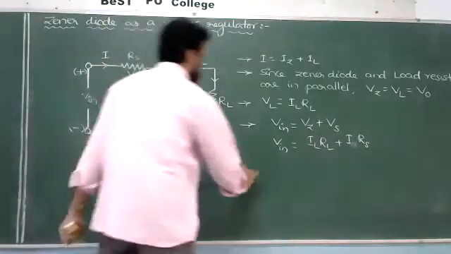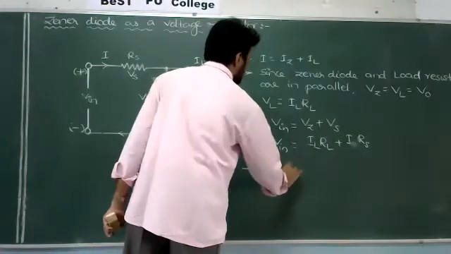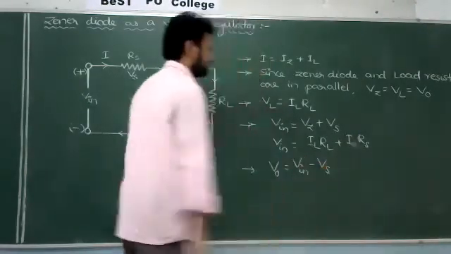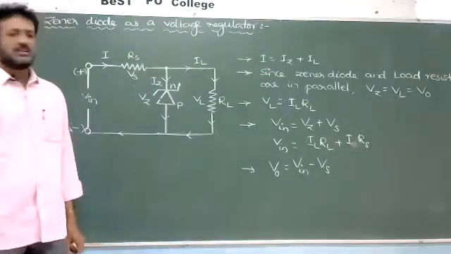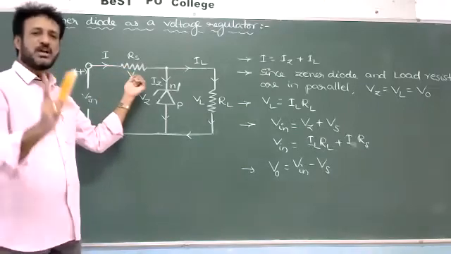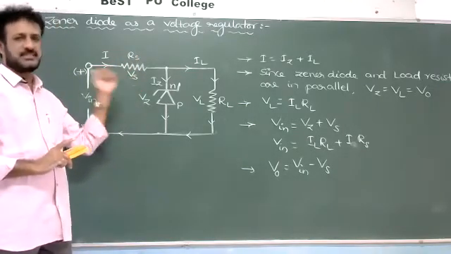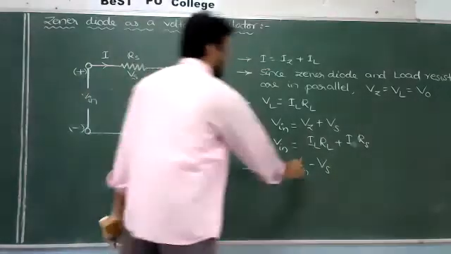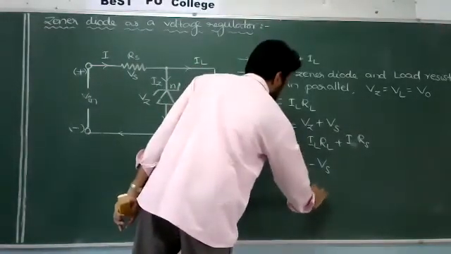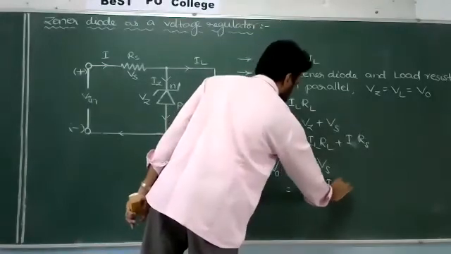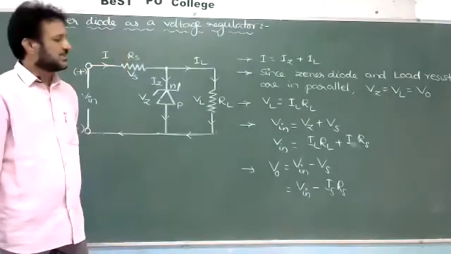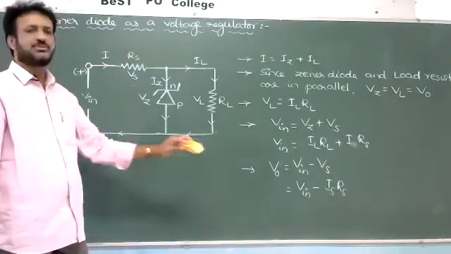Or we can write V output, V naught, is equal to V input minus Vs, correct? Output value is always input value minus whatever voltage is dropped across the series resistance. So V input minus Vs, that is V input minus Is Rs.